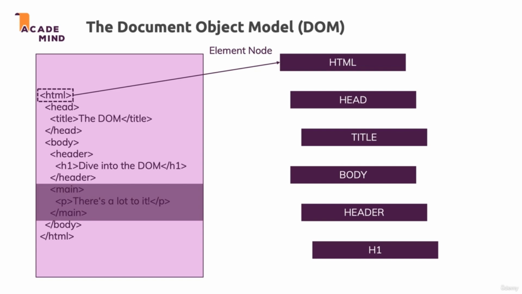The head node has the title as a child node, and the body has the header node as a child node, which in turn has the h1 node as a child node. So in the end, the relation you see in your HTML code on the left is reflected in the created objects as well. So the browser keeps track of the parent-child relations you have between different HTML elements, and it does keep track by creating such a node tree in the end.